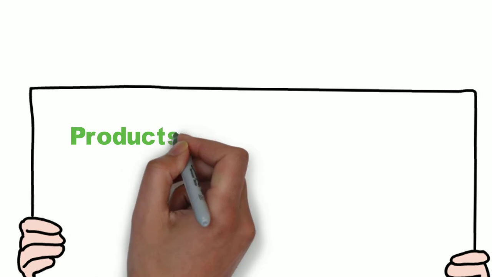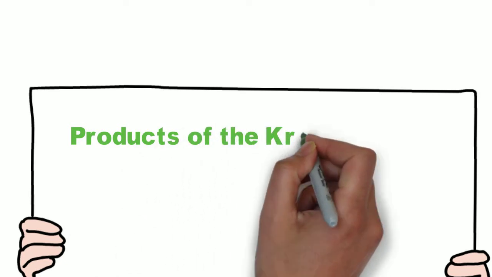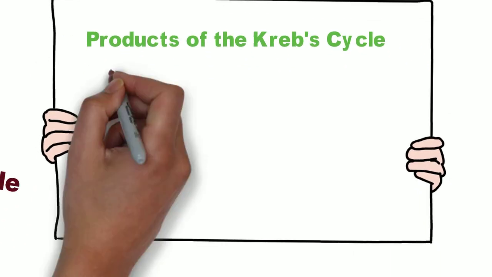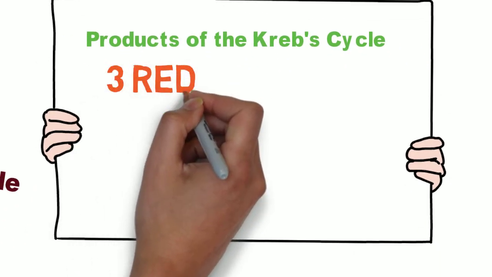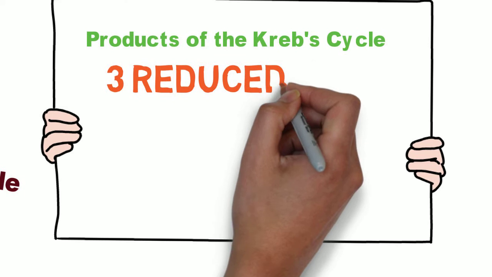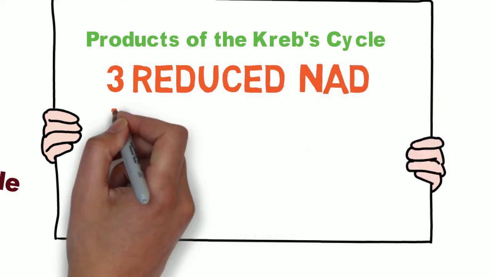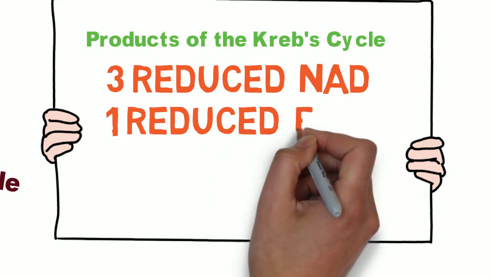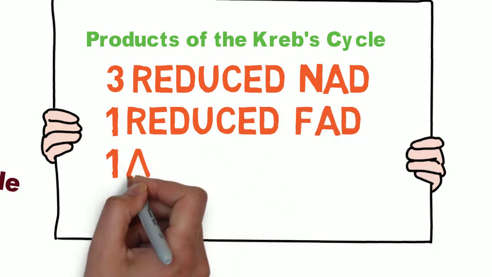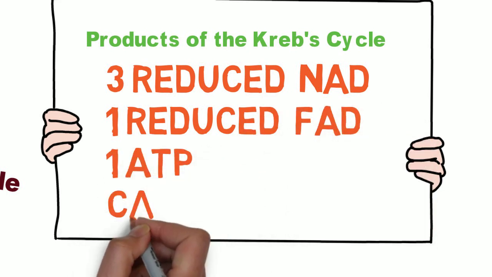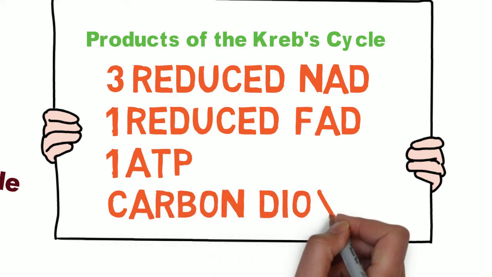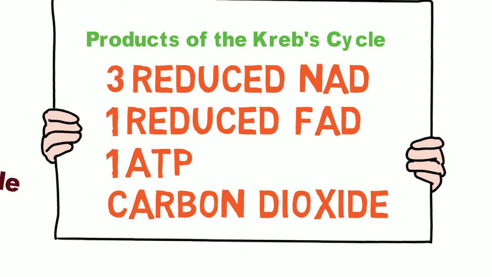So the products of the Krebs cycle are as follows: 3 reduced NAD, 1 reduced FAD, 1 ATP as a result of substrate level phosphorylation, and carbon dioxide.